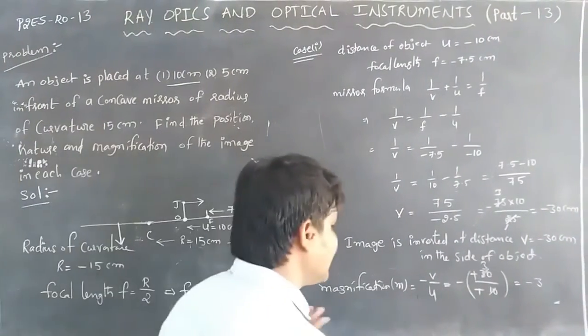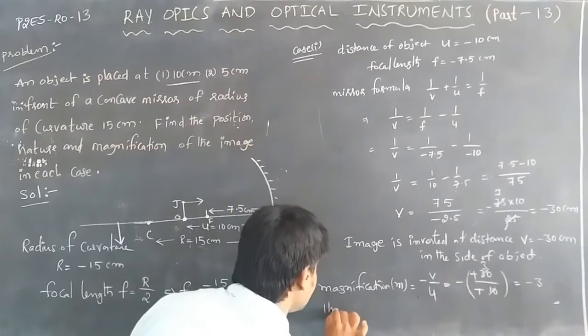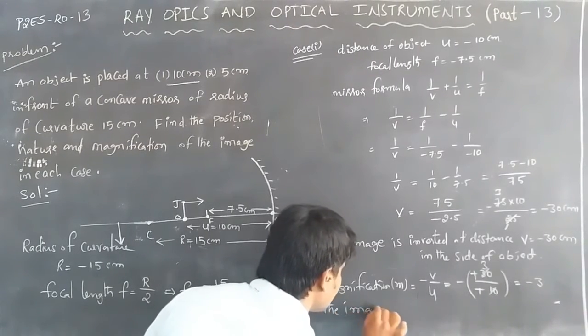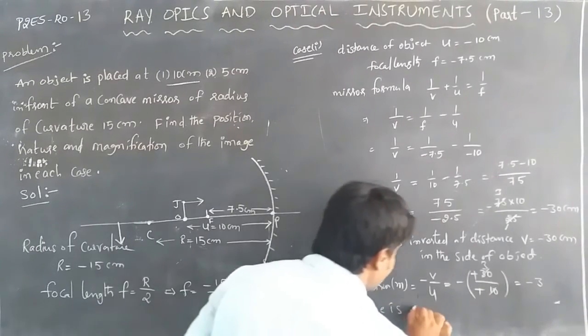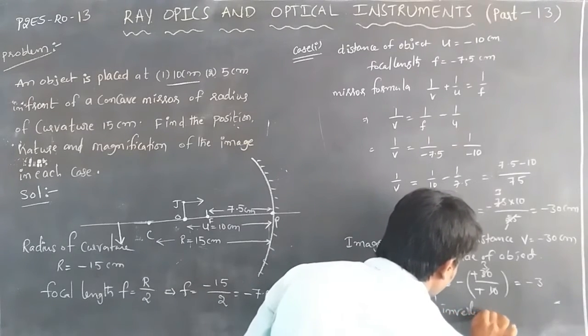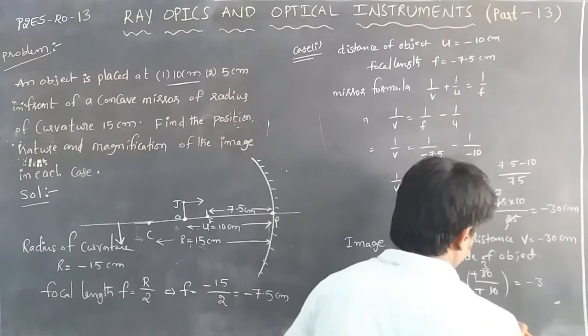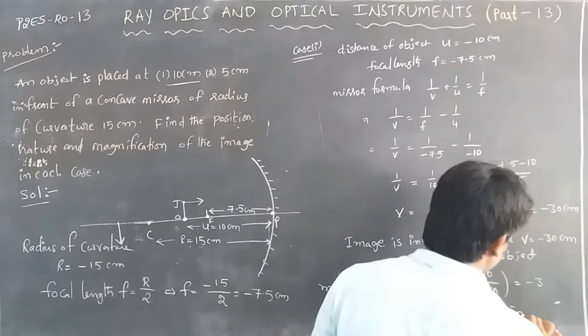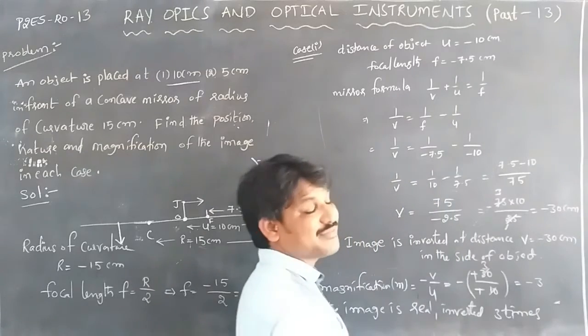So we can write that the image is real and inverted, magnified 3 times the object.